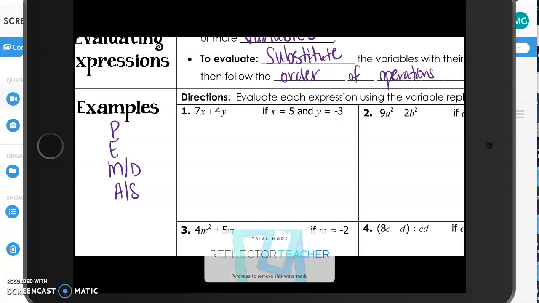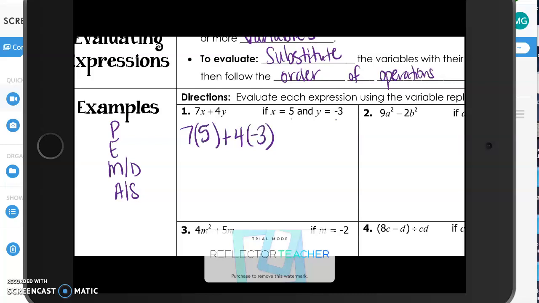One thing that's helpful when you do these is to put the number that you're substituting in parentheses. Sometimes you can even just rewrite it, replacing the variables with parentheses, and then go back and put the numbers in. So x is 5 and y is -3.